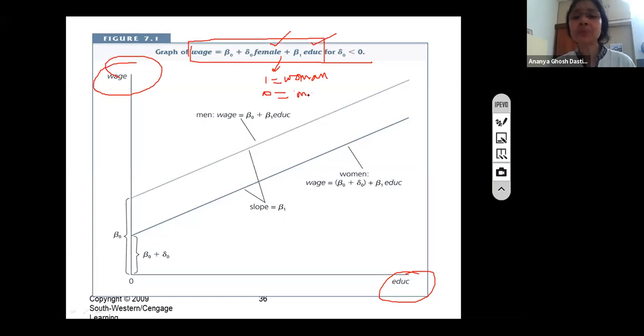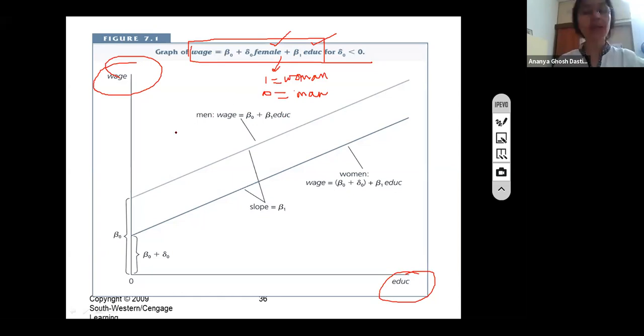How do I know that? I always follow this convention: always give the name of the dummy variable to whatever is 1. I will never call a dummy variable gender. Why? Because then I'll have to think about it. Which one was 1? Which one is 0? I don't like to waste my time. I will straight away take the category for which it is 1, and give it that name. So female immediately tells me it's 1 if it's a woman, 0 otherwise.